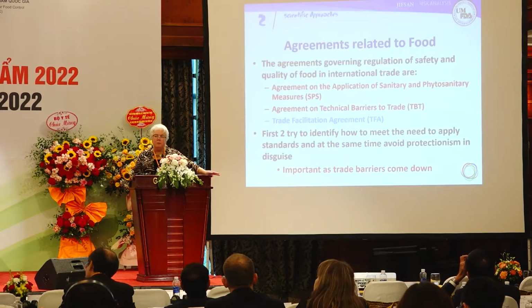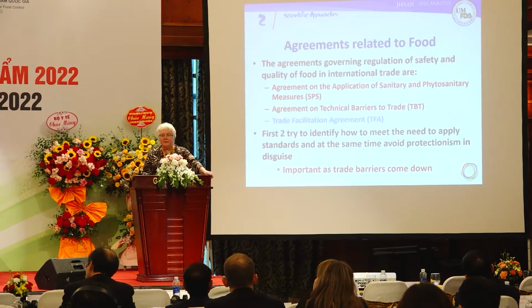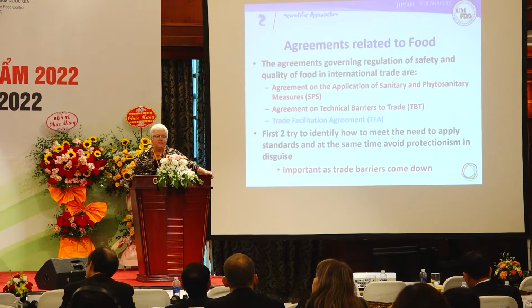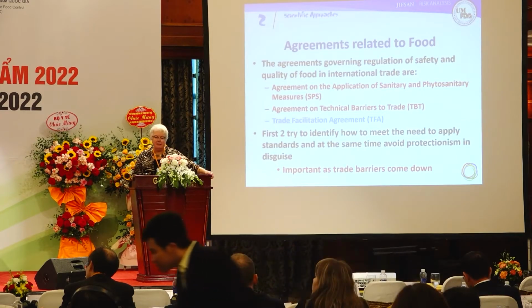The two most important ones that came to be with the WTO are the agreement on sanitary and phytosanitary measures, and the agreement on technical barriers to trade, and most recently, the trade facilitation agreement. Historically, the one we've been most interested in, in terms of using risk analysis, is the SPS agreement.